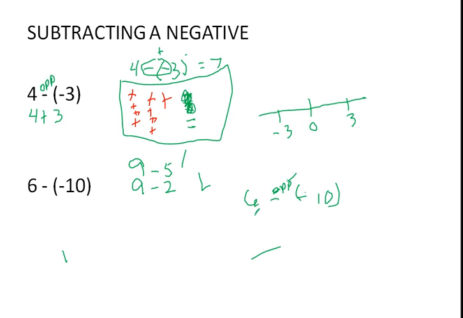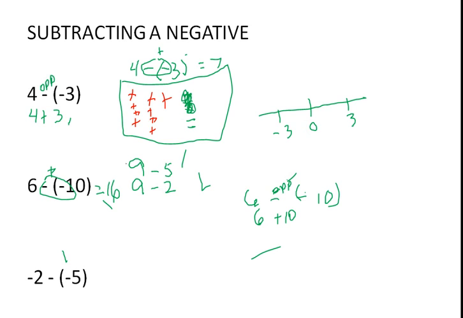So we have 6 and then the opposite of negative 10. So 6 plus 10. Or we could just look at this and say that to subtract a negative is the same thing as adding. So it's really 6 plus 10, which is equal to 16.